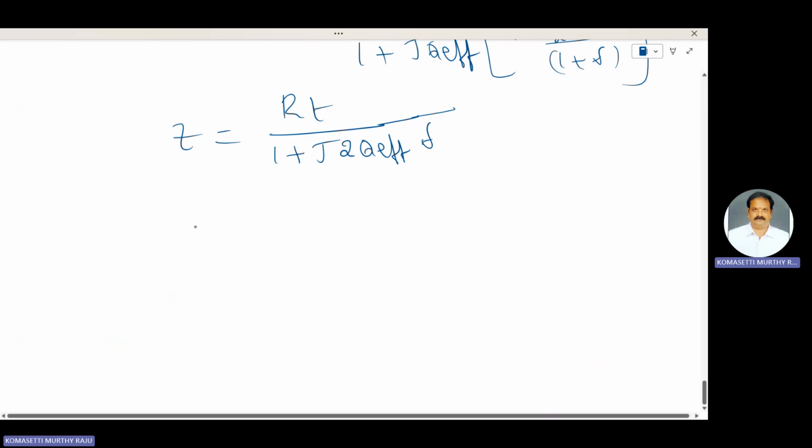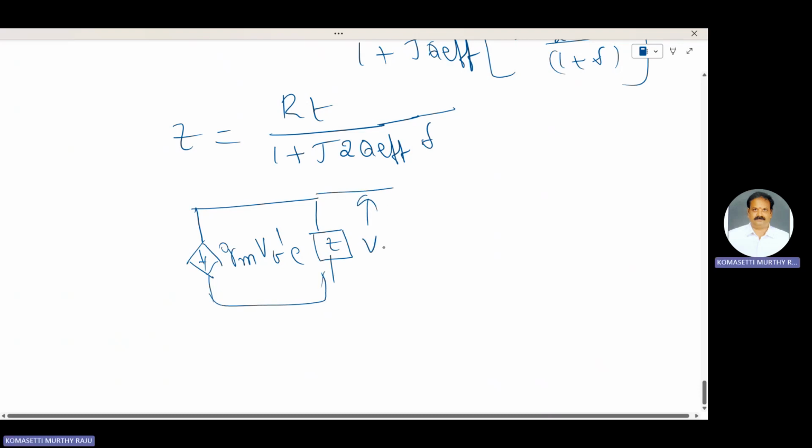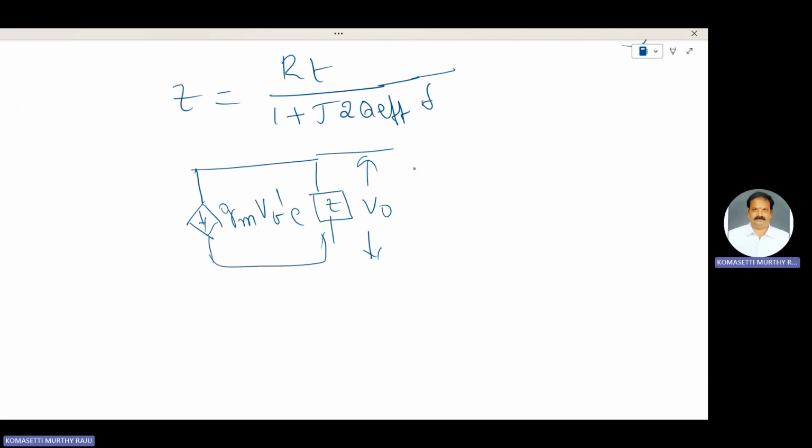At the output side, consider the output side circuit. Here, gm into Vb'e, gm into Vb'e, and the entire impedance here is Z. The output voltage here is V naught. Find out the output voltage. Apply nodal analysis.